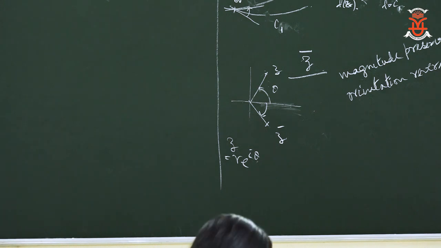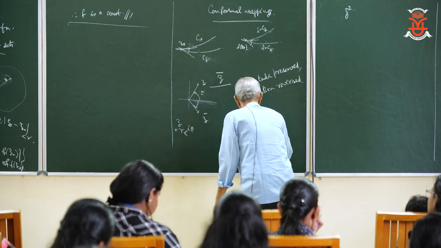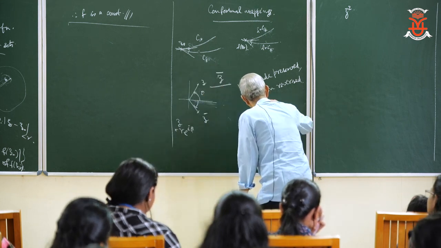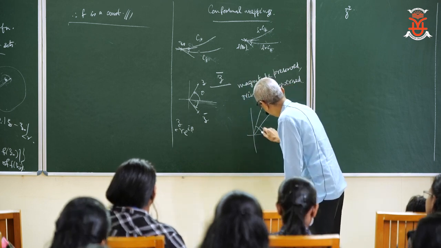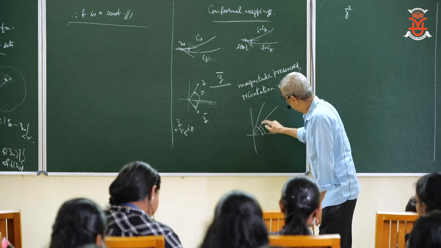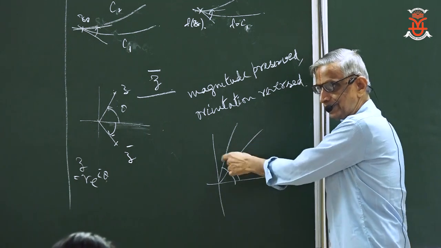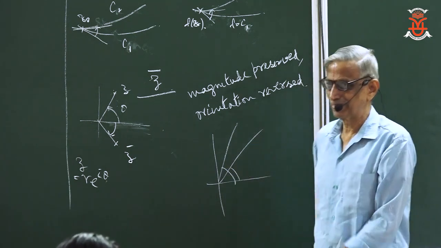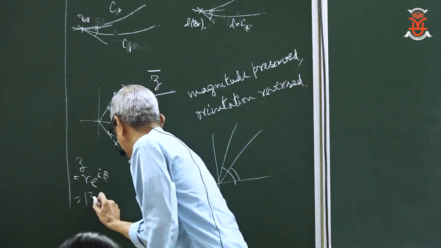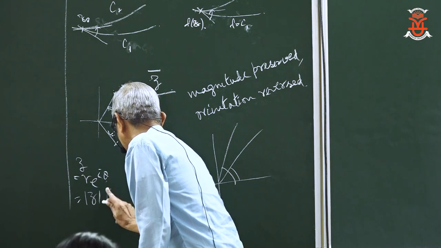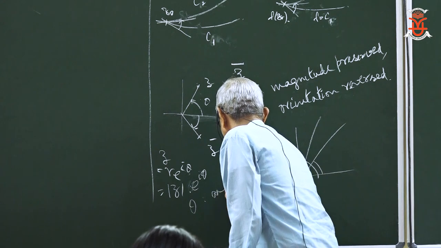So if you take two lines like this, the angle is the argument of this minus the argument of that, right? So this is what is called the argument. This is mod z e to the i theta. Theta is the argument of z.